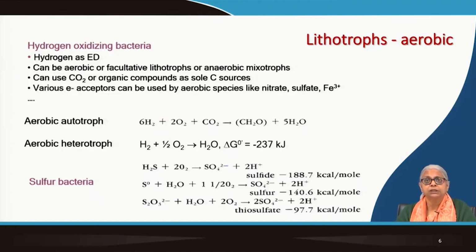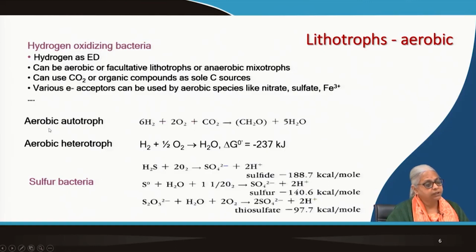So then we come to lithotrophs that exist under oxygen conditions or aerobic conditions. I was talking about hydrogen oxidizing bacteria, where hydrogen is the electron donor. Now, this electron donor can be coupled with oxygen under aerobic conditions, and if the source of carbon is carbon dioxide, it's being converted to organic carbon.